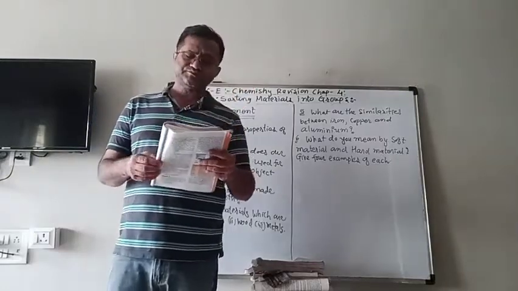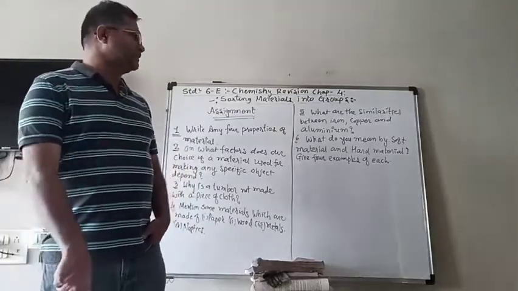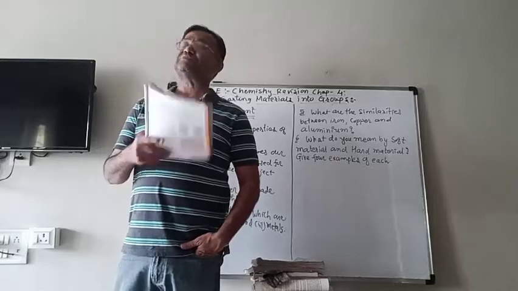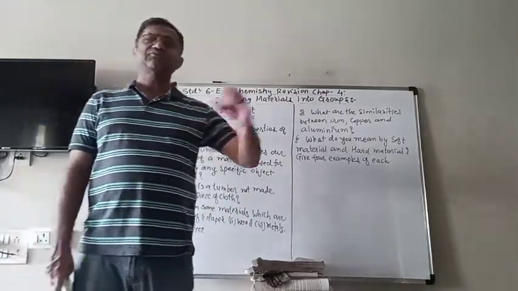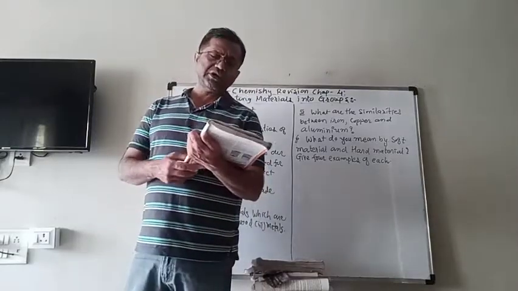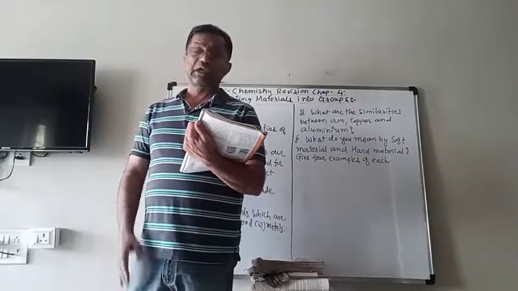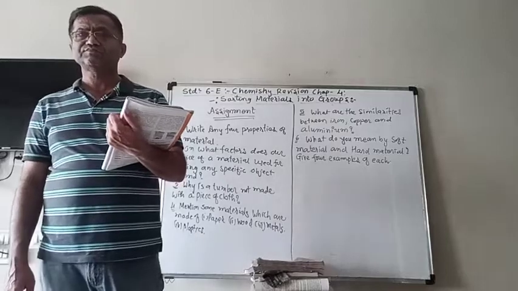And therefore, it is very necessary that we choose a material which is proper for its use. Now, if we talk about metals, metals have a special look which differs from other materials. For example, if you look at a metal and a wood, what is the difference between them in appearance?